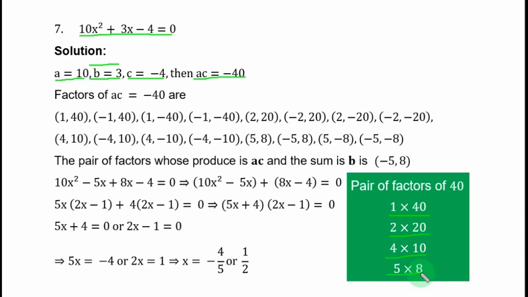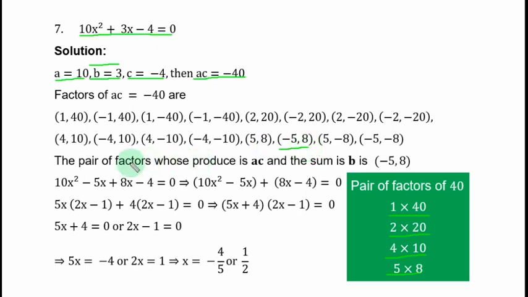If you do that to all the pairs of factors, you will understand that the one whose sum is 3, that is b, can only be minus 5 and 8. And of course, the product will be minus 40. So that is the pair of factors whose product is AC, minus 40, and the sum is b, 3.